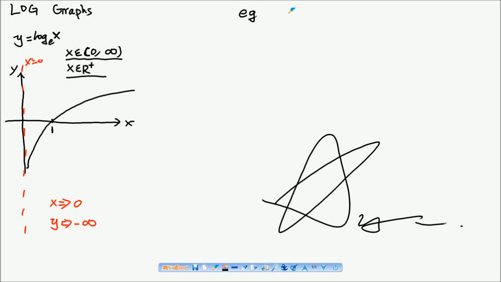For instance, if I want to sketch the graph y equals 5 log base e x plus 2, let's make it interesting: y equals minus 5 times log base e x plus 2.